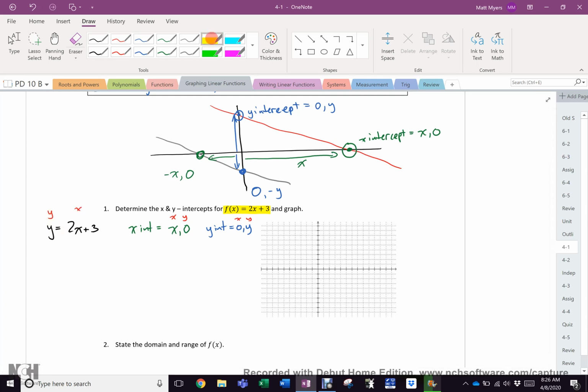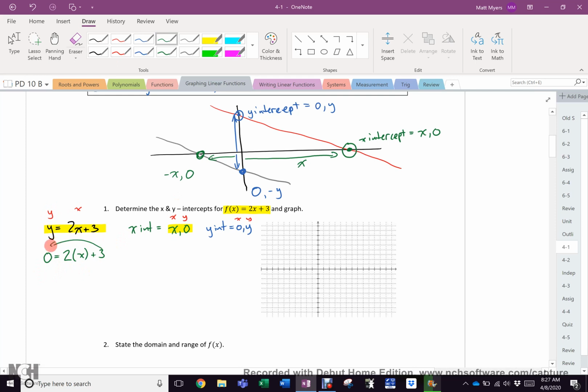So all we do is we take these values and we substitute them in there. So y is 0. 0 equals 2x plus 3. Then I solve.